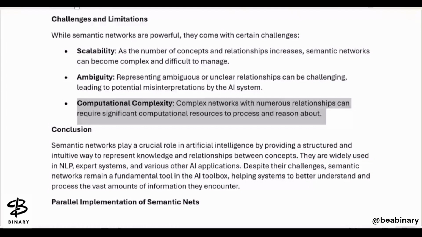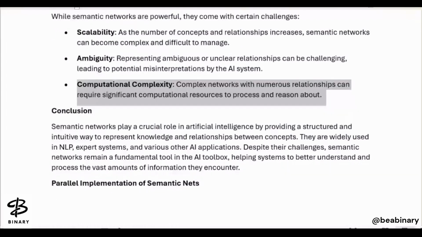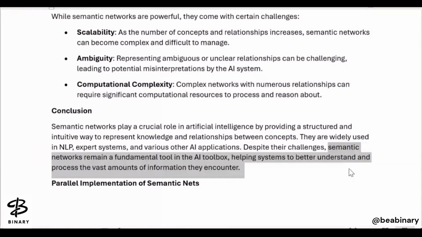When we are talking about the applications here, NLP, expert systems and other AI applications are used by the semantic networks; the main application that uses semantic networks is linguistic conversion, or NLP, natural language processing. And when we are talking about the challenges here, the semantic network remains a fundamental tool in the AI toolbox, helping systems to better understand and process the vast amount of information they encounter.